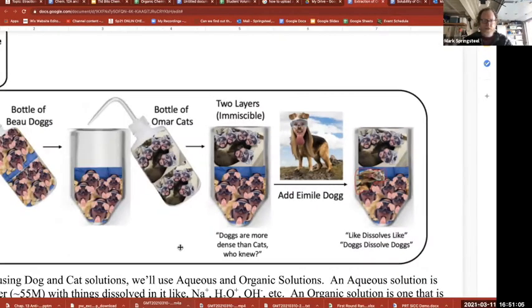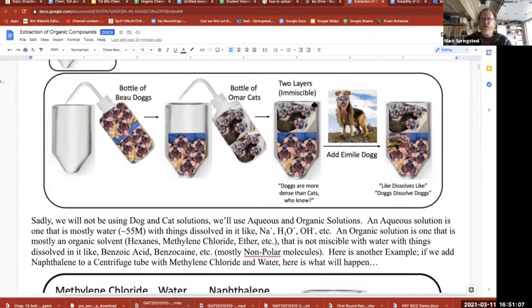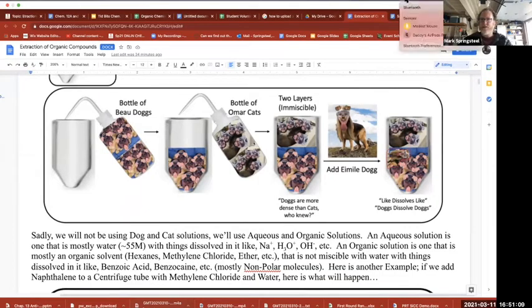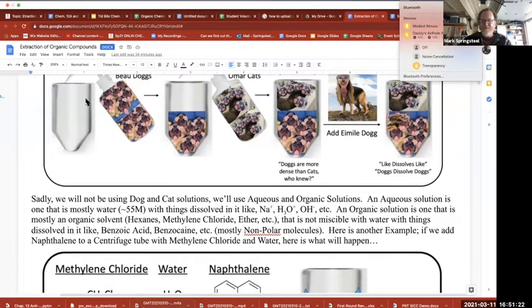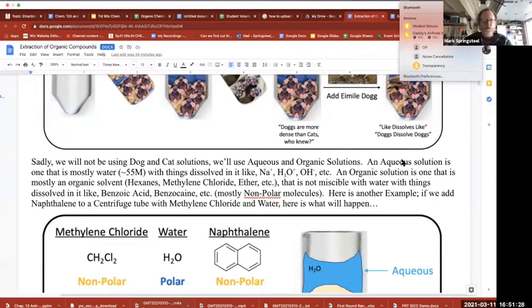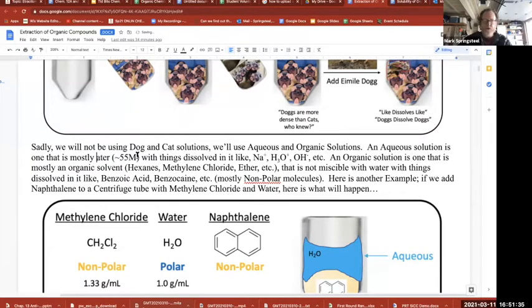All right, so it's like dissolves like again, but now with two layers. We won't have solutions of dogs and cats, which would be fun, but we'll have aqueous and organic solvents. Our aqueous solvent, water, is very concentrated. We worked it out before: pure water is about 55 molar.